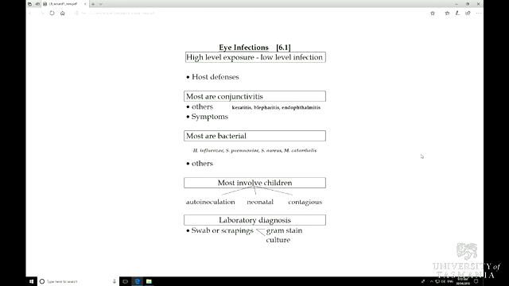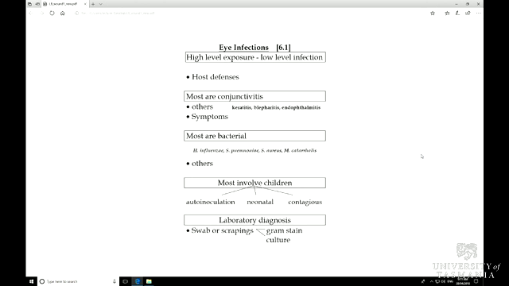Blepharitis is a term to describe an infection of the eyelid, and that really becomes a skin infection where the skin is on your eyelid. A good example is a stye. A stye is an infection of the hair follicles of your eyelashes. They're painful, but not that common.